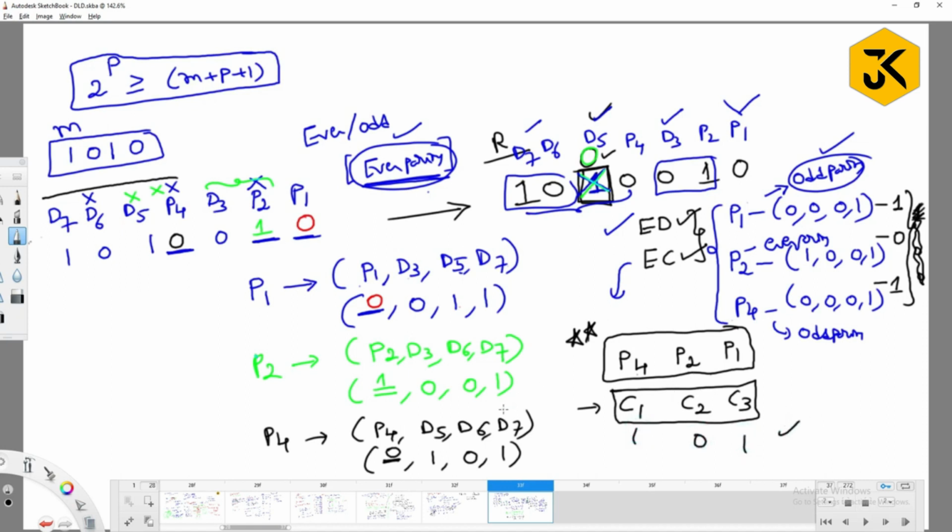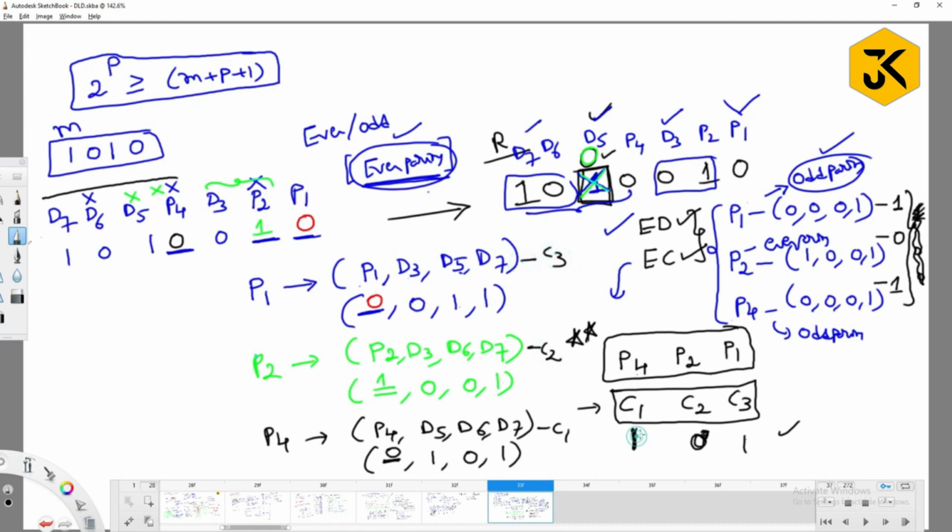See guys, what does this 1 mean? What does this 0 mean? This 0 means it is already even parity. This 1 means odd parity, and this one also means odd parity. If you observe here, P4 represents C1, P2 represents C2, P1 represents C3.